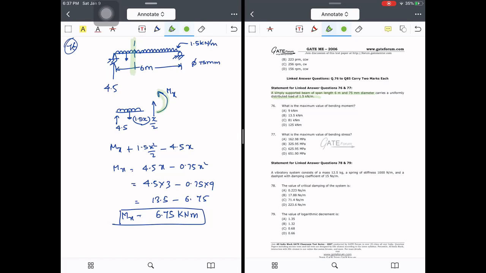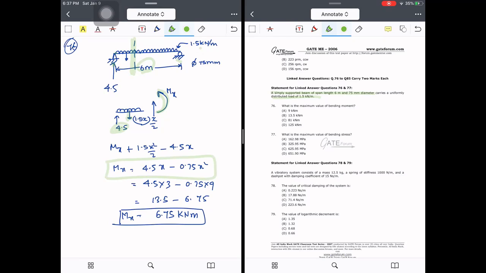You take an arbitrary section, and this is a sagging moment if you take it from the left hand side. The reactions: since it's a uniformly distributed load, 1.5 kilonewton per meter over 6 meter is 9 kilonewton, so 4.5 kilonewton acts as the reaction at each end.